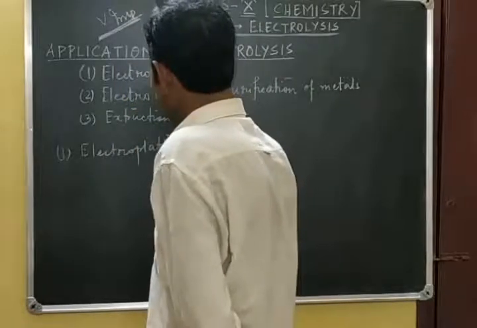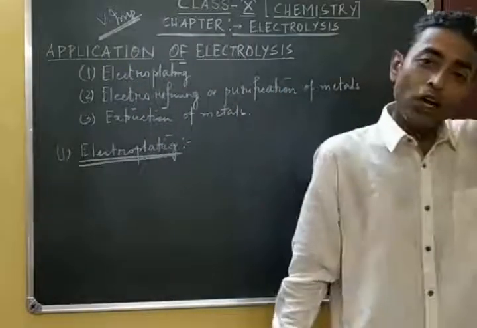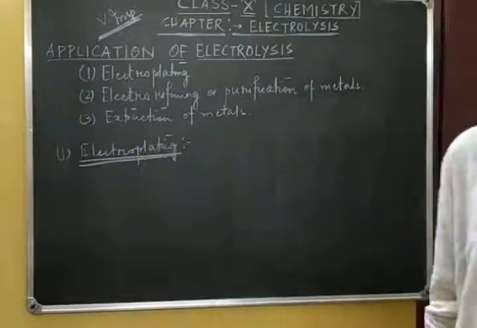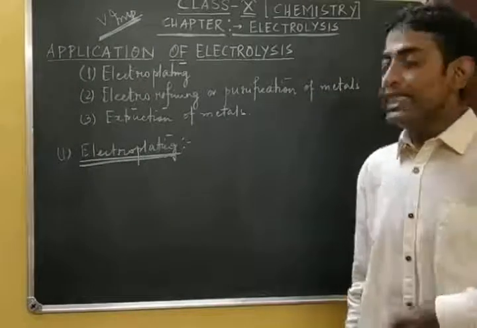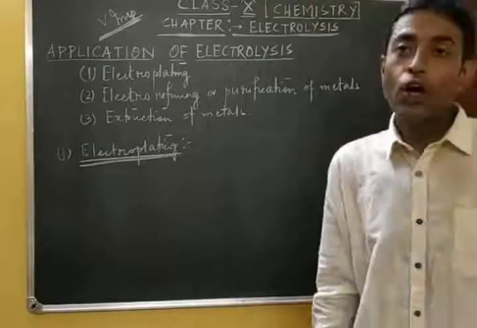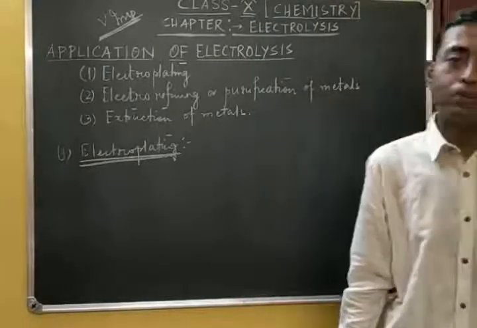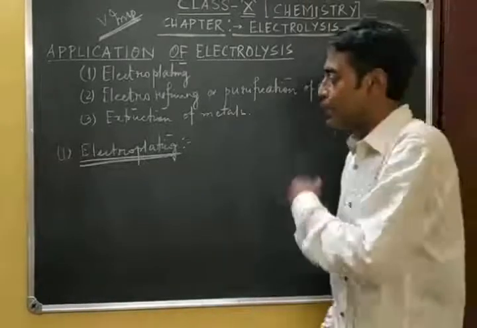It is the coating of a superior metal like gold, silver, nickel on an inferior metal, that is iron, copper, etc., in order to prevent those metals from corrosion, or in order to make those metals attractive in looks. So we use electroplating.